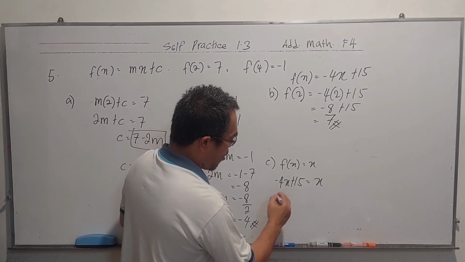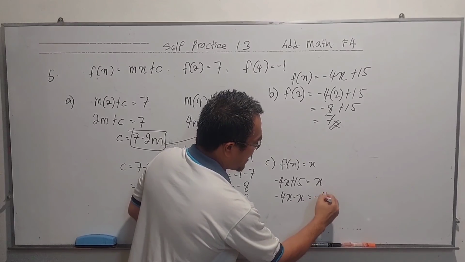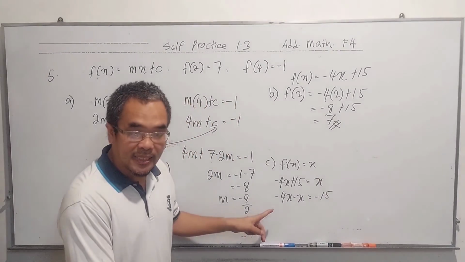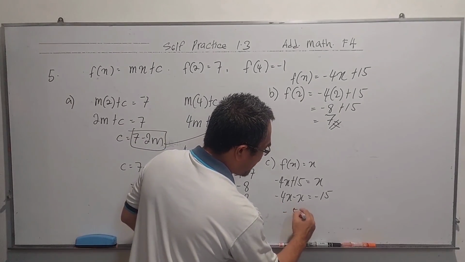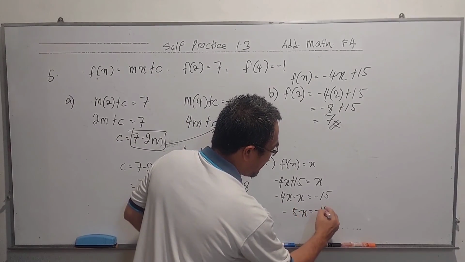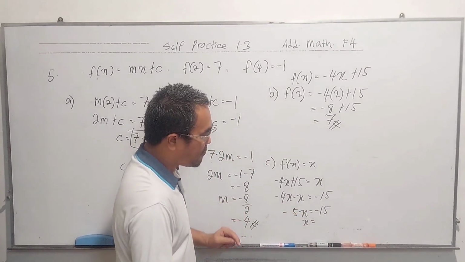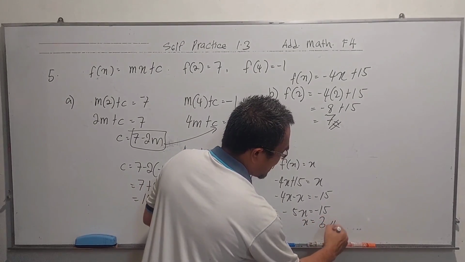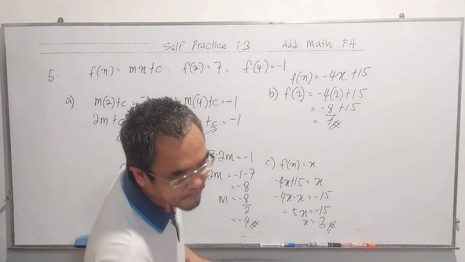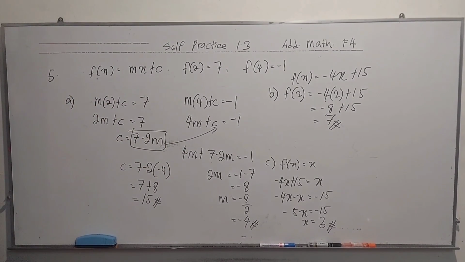So we move all the x to one side and the number to the other side, because these are linear equations. So simplify, -5x equal to -15. So x is -15 over -5. Negative divided by negative will be positive. So the answer is 3. Okay, in case there is any problem, do let me know.